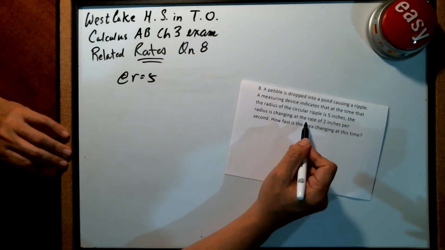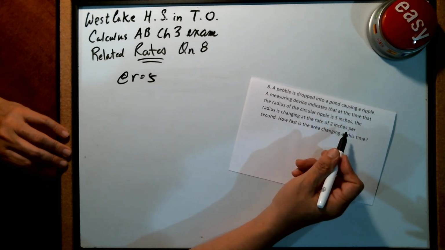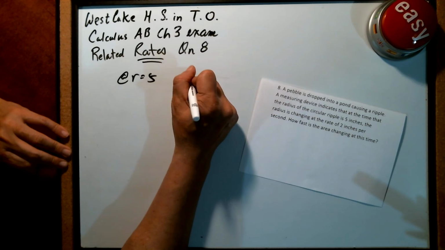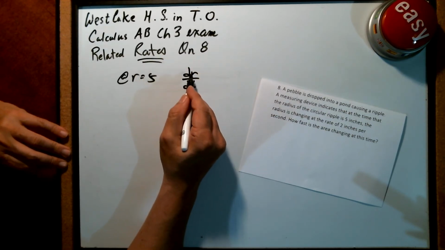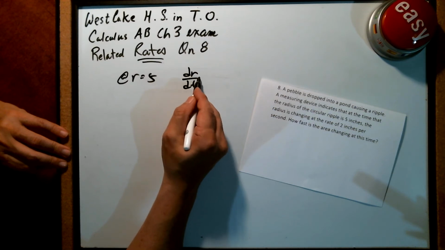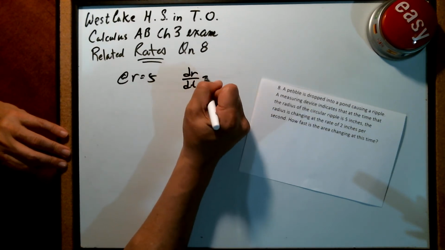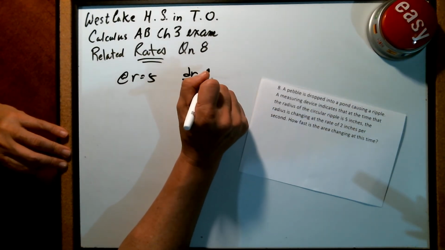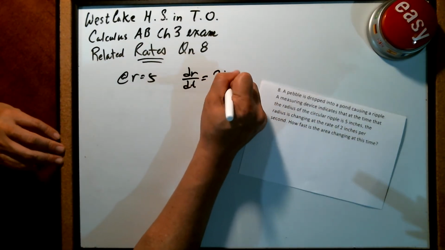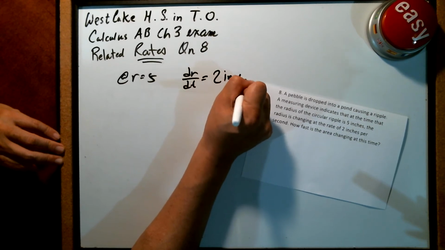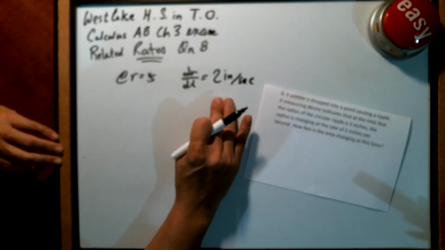The radius is changing at a rate of 2 inches per second. The radius is changing, dr over dt, the instantaneous change of radius with respect to the instantaneous change of time. That's going to equal 2 inches per second. That's going to be something that's important.